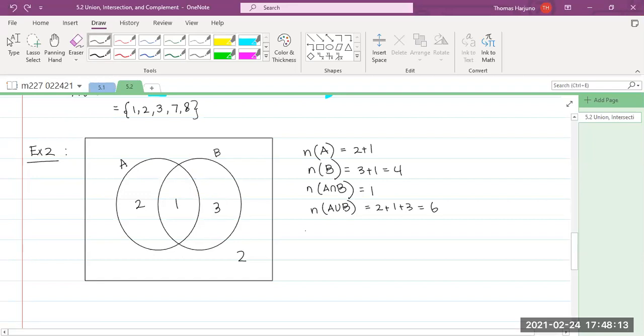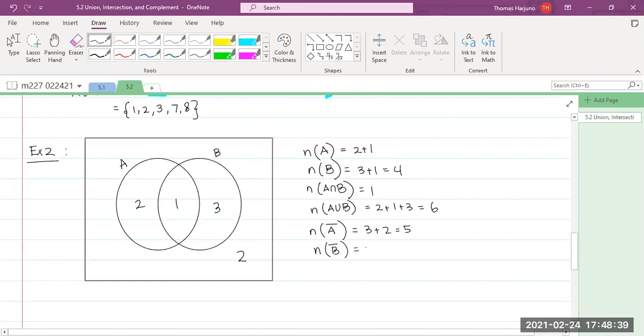How about the number of elements outside of A? 5. Outside of A are 5, and those are 3 plus 2, right? How about the number of elements outside of B? 4.